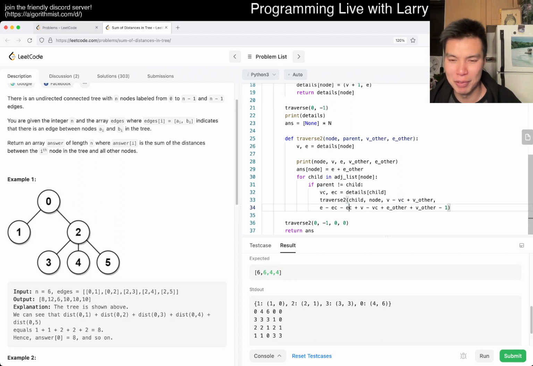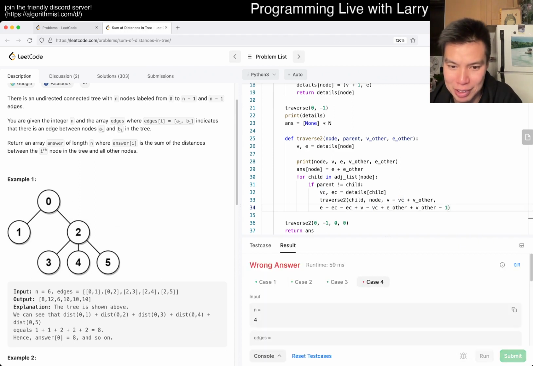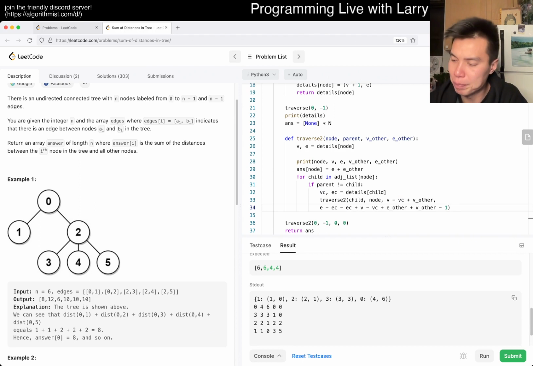Okay. Now I don't remember why I had these anymore, so it's very confusing. Okay, so basically we start with 6 edges going down, and then we have 3 on the child.